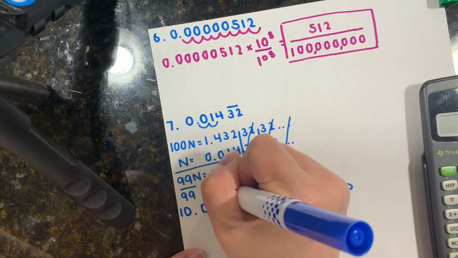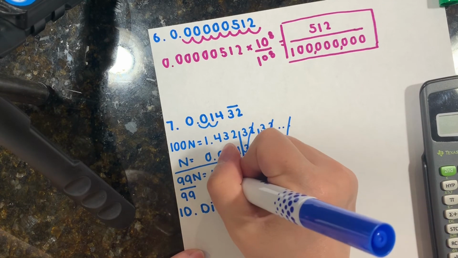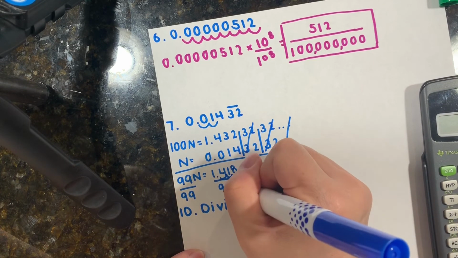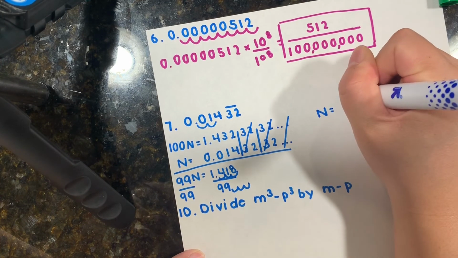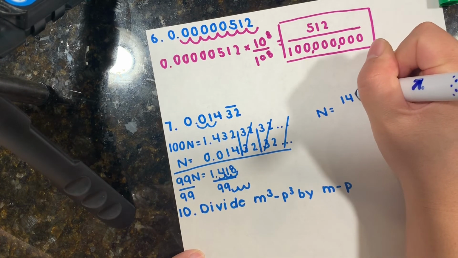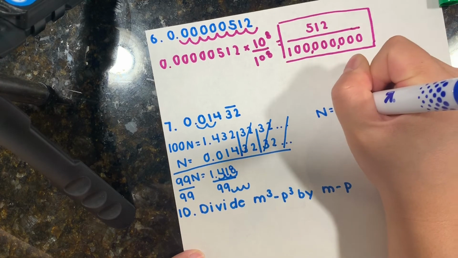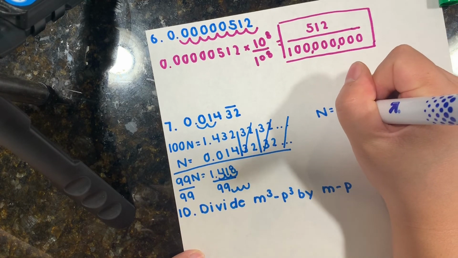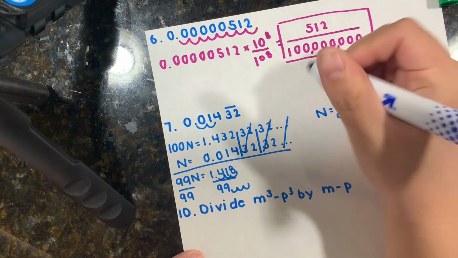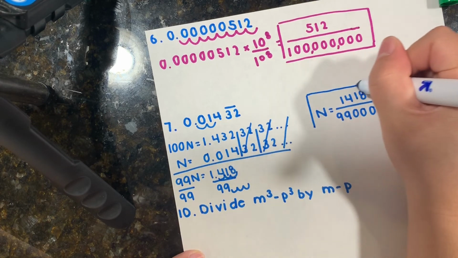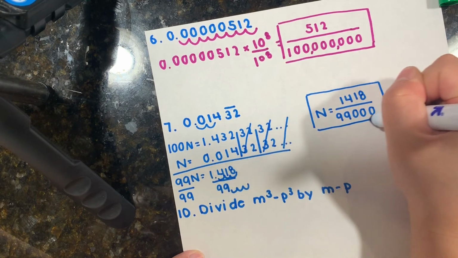And then again, so that it's not a decimal point, I would move the decimal point over 1, 2, 3 spaces on top and bottom, meaning that my number is going to be equal to 1,418 over 99 with 1, 2, 3 zeros. And that would be your result for number 7.